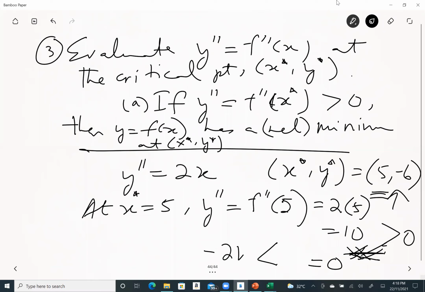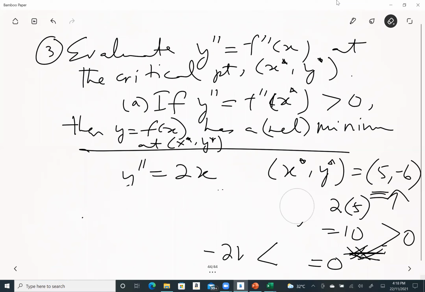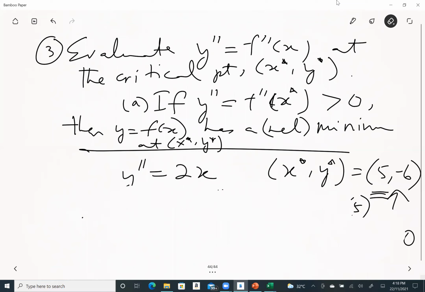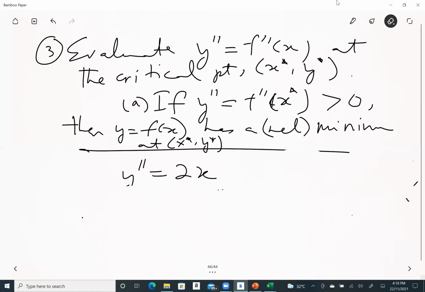So if the y double prime at the critical point, x star, is positive, that means the function y has a minimum at that point.